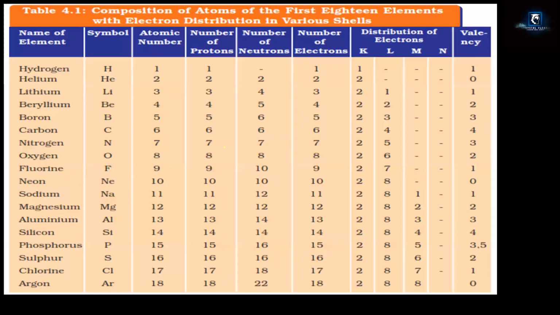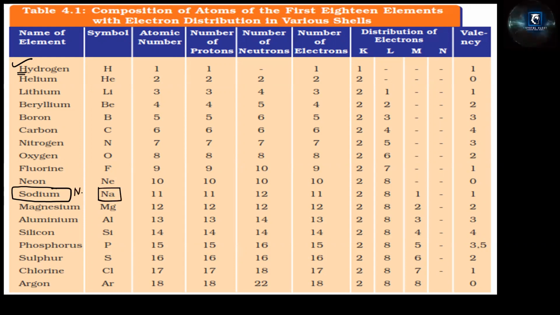Next, these are the first 18 elements, where you have to memorize the elements in order. Take time to memorize the elements in order. Next to the element, you can see the symbol. The first letter of the element will be given as the symbol, in many cases, except a few cases where the Latin name plays a role.